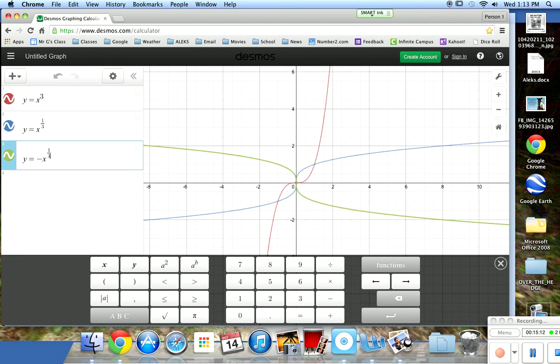See how our graphs have moved around and flipped? And what if we did y equals negative x cubed? It's going to flip this red one. See that?